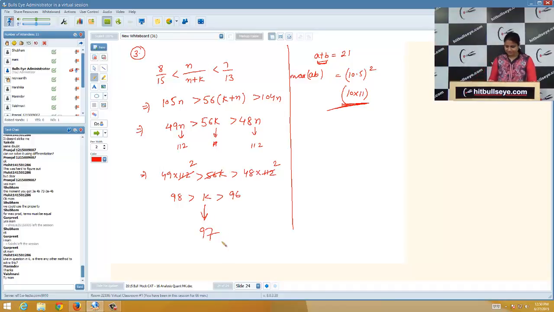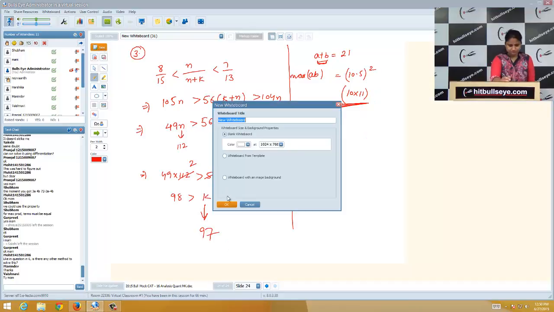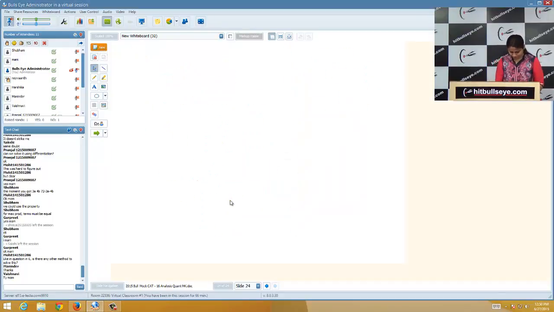For example, see, the expression was (a plus 9) divided by 10a, and you can see the options: f(a) is greater than 4 by 5, greater than or equal to 4 by 5.